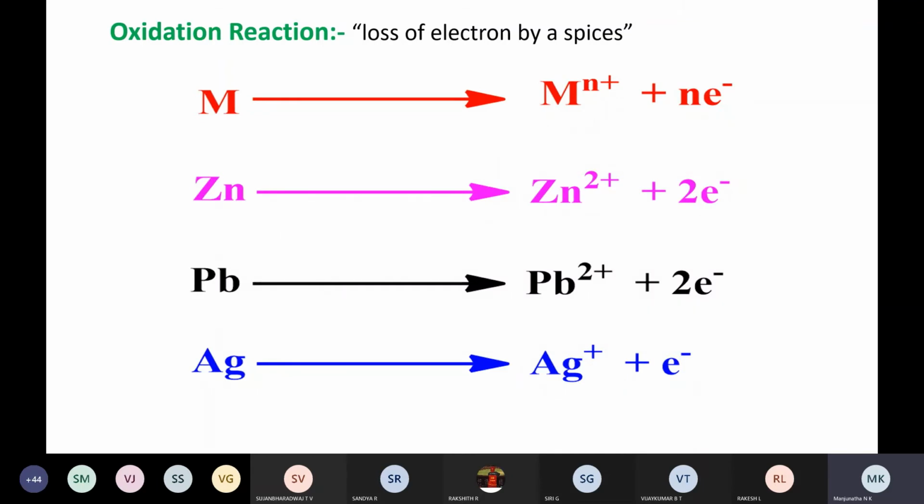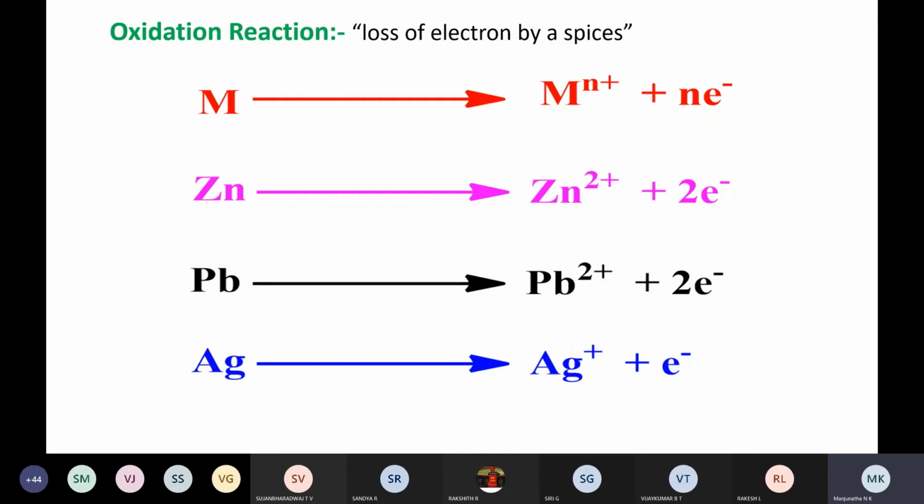For example, take zinc. Once zinc metal undergoes oxidation, it is converted into a zinc ion, that is Zn2+, with the liberation of 2 electrons. Or take another example, lead.